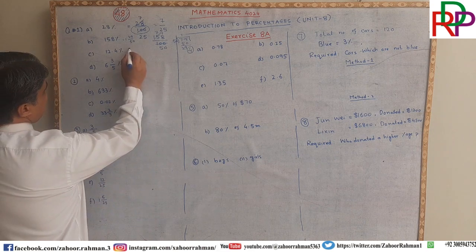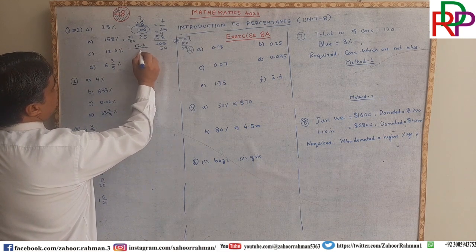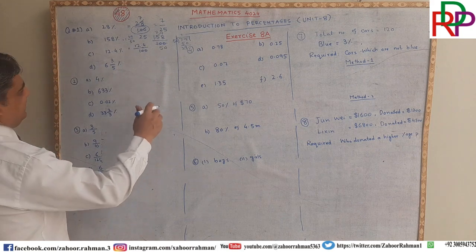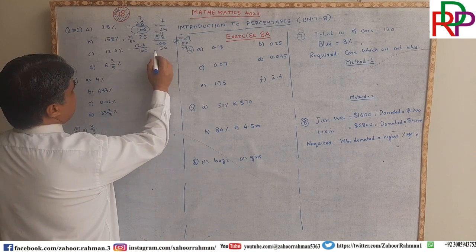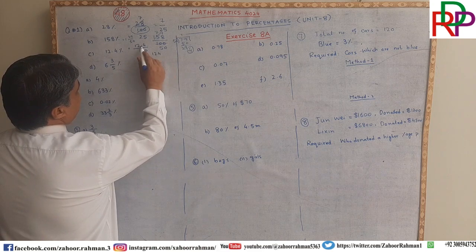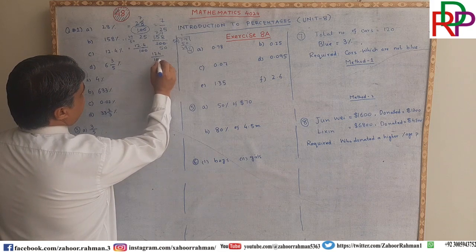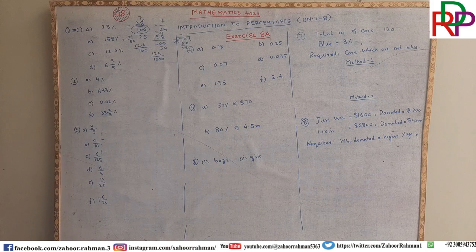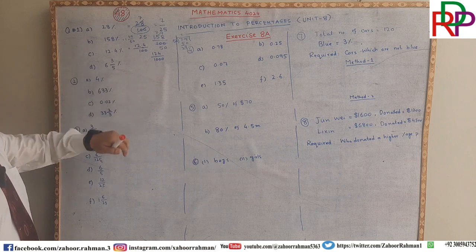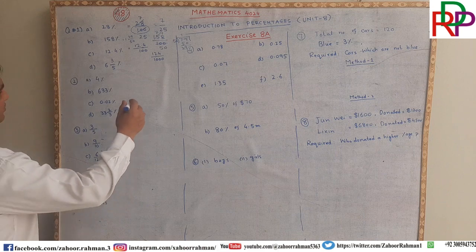12.4%. Ladies and gentlemen, to remove this decimal we have to introduce 10 here. So 10 when multiplied with 100 will become 1000. So this fraction without the decimal can be written as 124 divided by 1000.